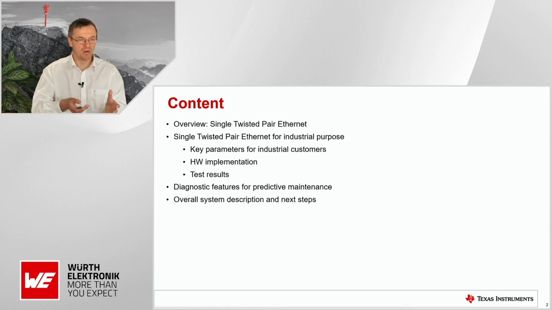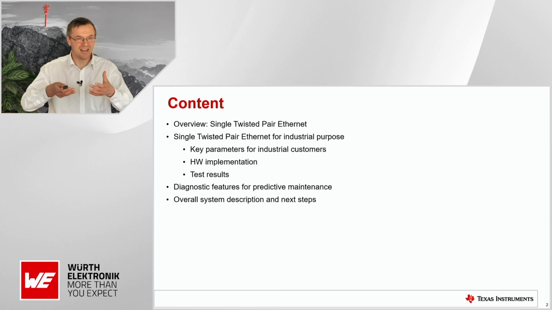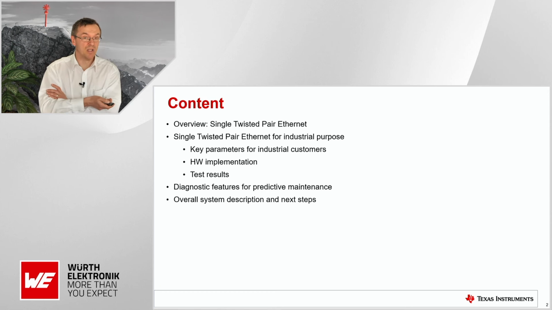Then going into some of the key points where single twisted pair Ethernet is very nice and has very good features that make sense for industrial purposes. And then looking at the overall descriptions, but also some of the next steps that we have done and we are planning to do for the future, doing these initial investigations.